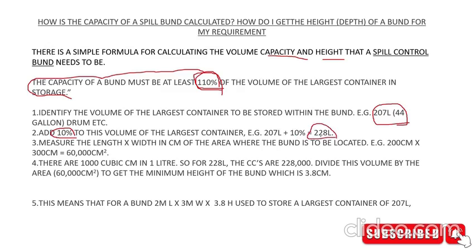So now we have to build the bund for the capacity of 228 liters storage. Measure the length and width in centimeters of the area where the bund is to be located.